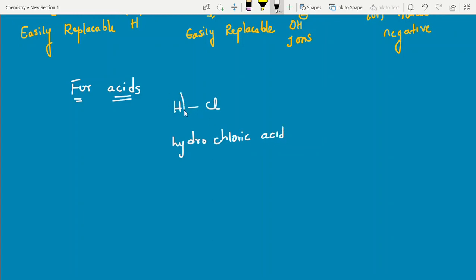Here easily replaceable hydrogen is 1. See, hydrogen, this bond belongs to both the atoms. But hydrogen is going, only alone he is going, he is leaving electron pair and going. Then what we will call it as H plus ion. H plus ions, that is nothing but N factor. N factor equal to 1.